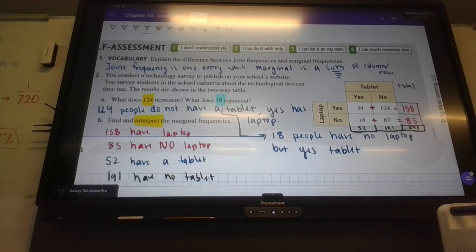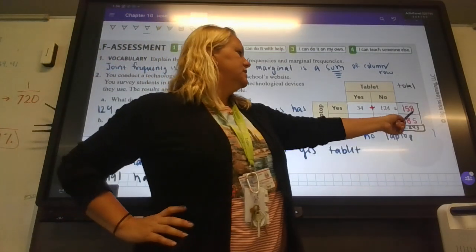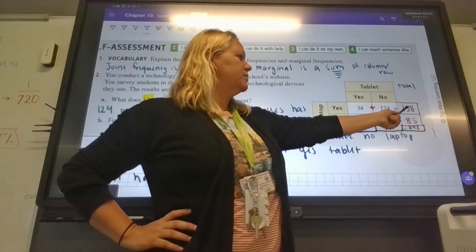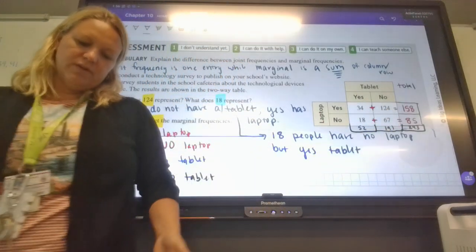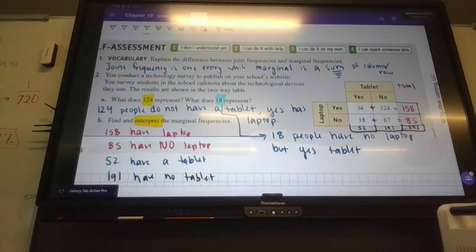Good. And something that's harder for me to see is what do they have more of, tablets or laptops? When I look at yes, laptops, 158 people do have laptops. Yes, tablets, 52 have tablets. So more people had laptops than tablets.